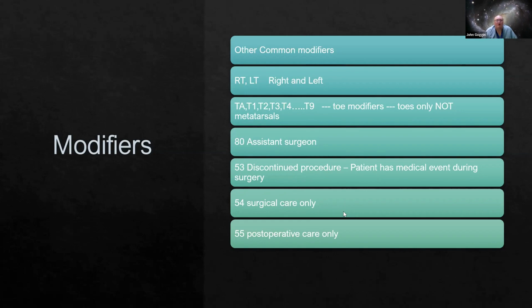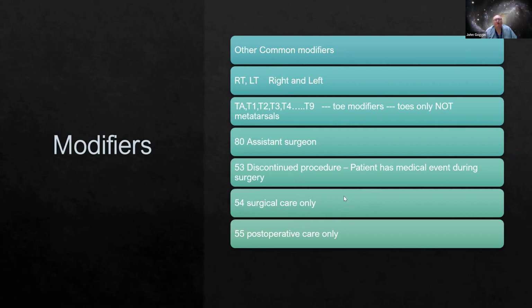54 is surgical care only. So if you do the procedure and then you're going to hand it off to someone else, this is not uncommonly done. Say, for instance, you do total ankle arthroplasties, and you're in a major city, there are rural suburbs.